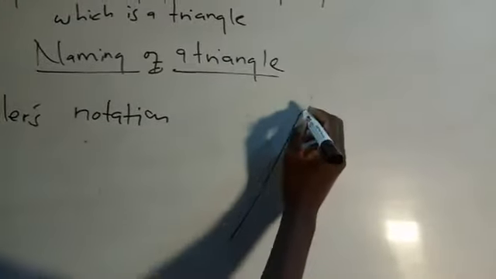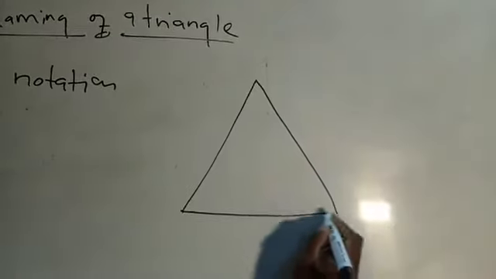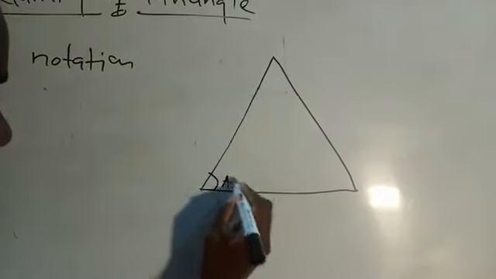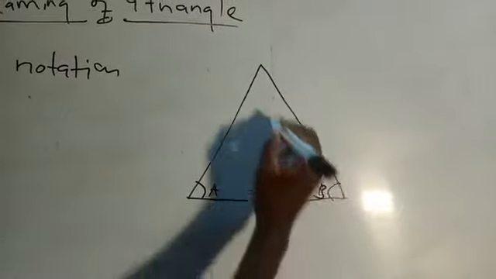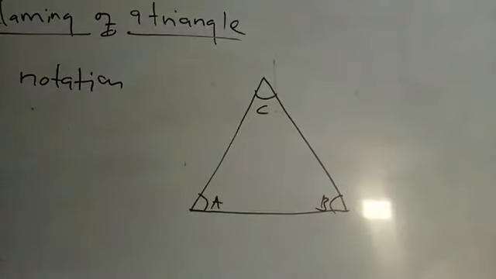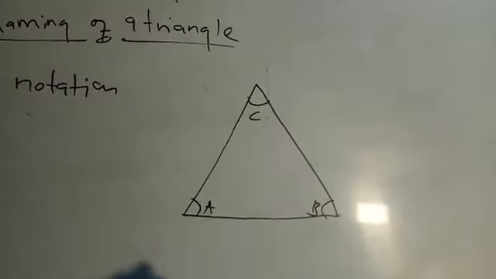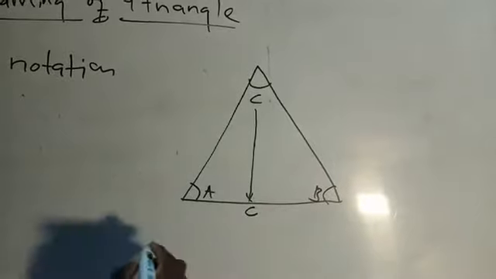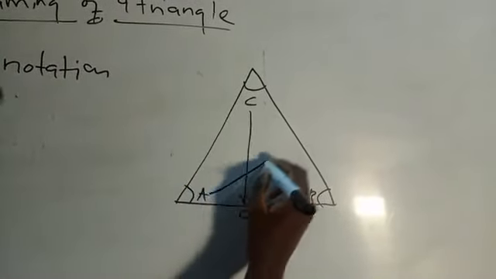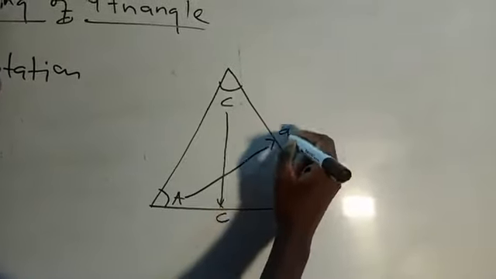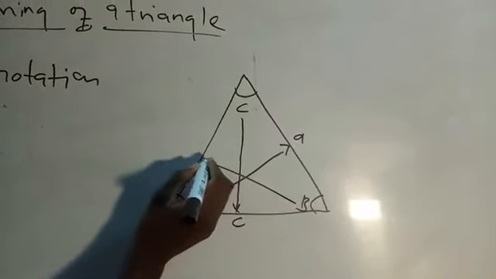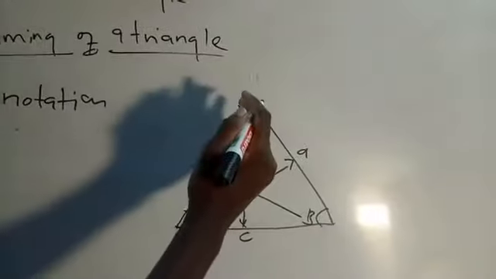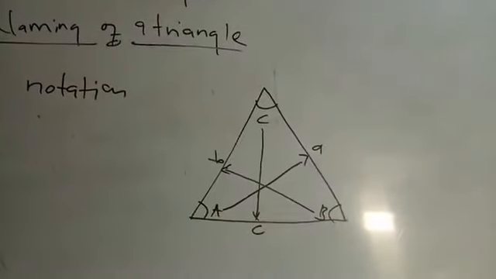If we draw our triangle here and we name this one angle A, this one angle B, and this one angle C. So this side down will reflect C, and this side also reflect A, and this side will reflect B. So this is what we call Euler's notation.